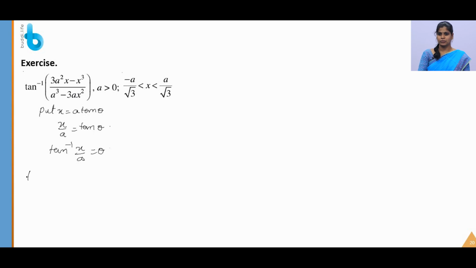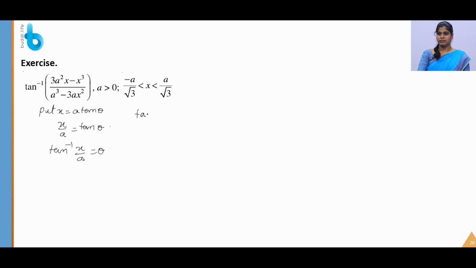Now in the given function, in place of x we will substitute a tan theta.